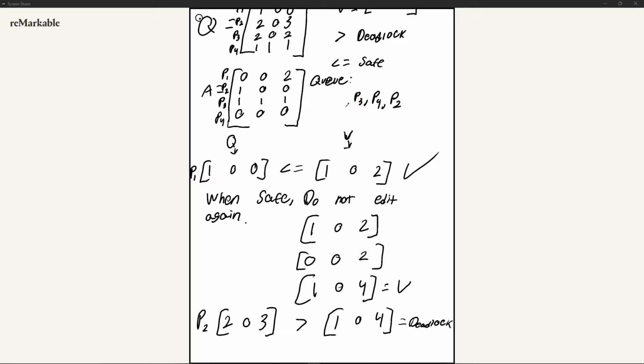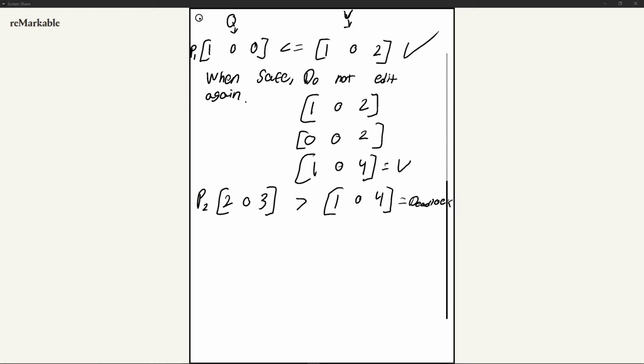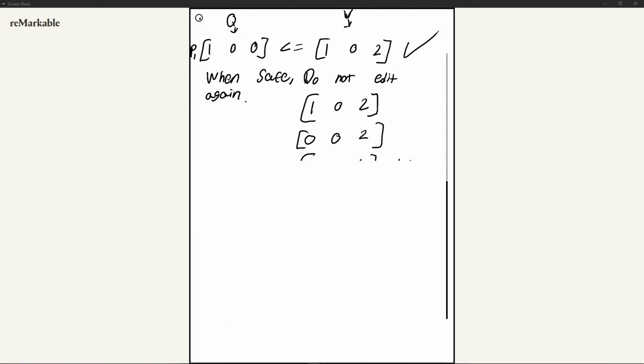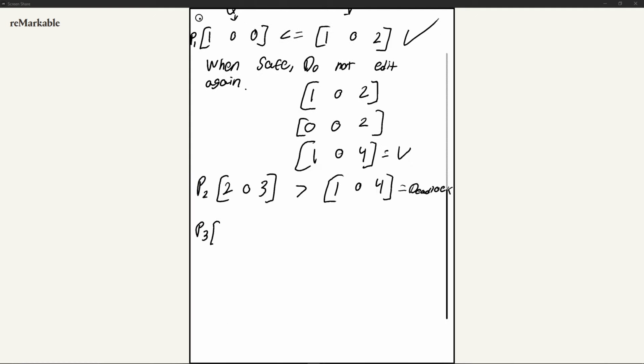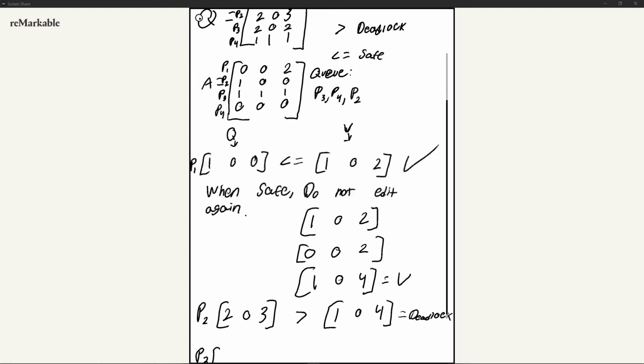So that is why in our imaginary queue we put P2 at the end. We don't erase it, okay? And I'll just rewrite this: P3, P4, P2. All right, P2 is deadlocked. We understand that. Now we can look at our queue and take a look at P3. It's 202.